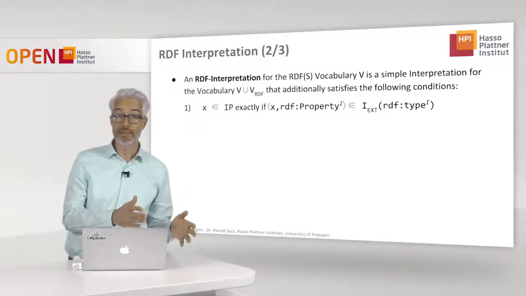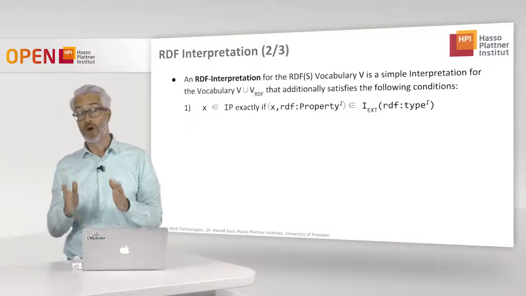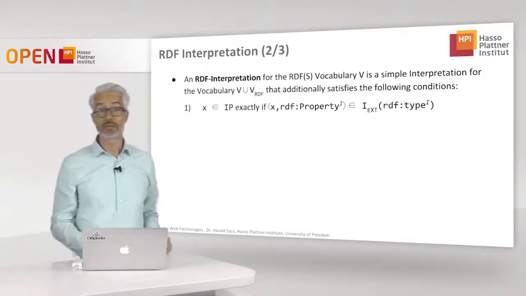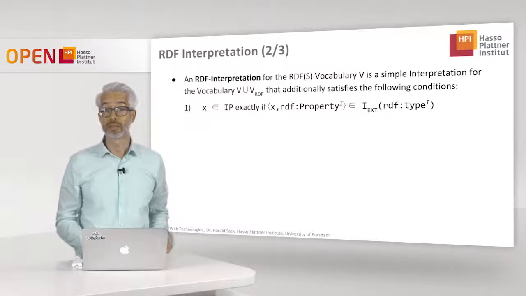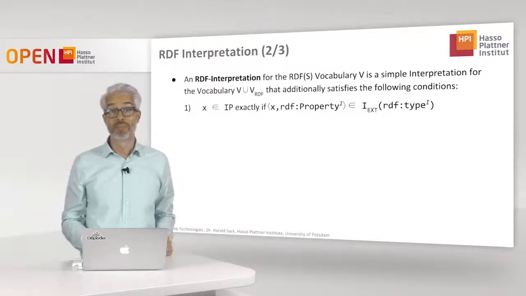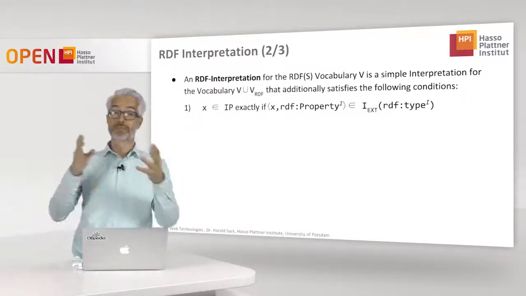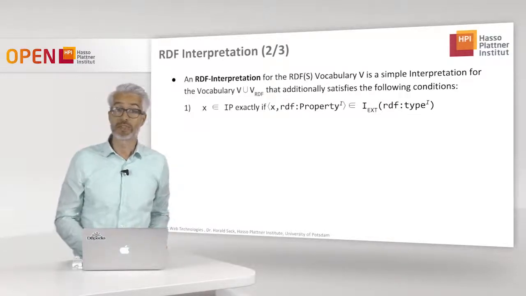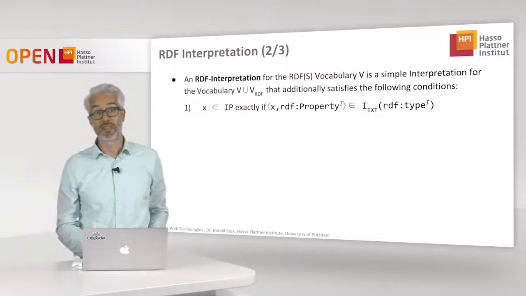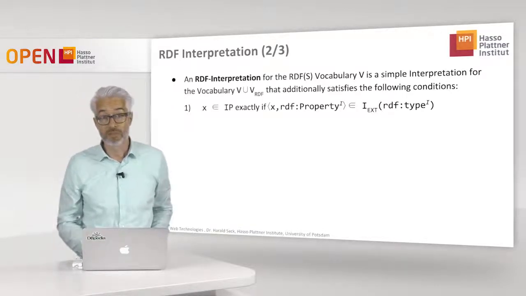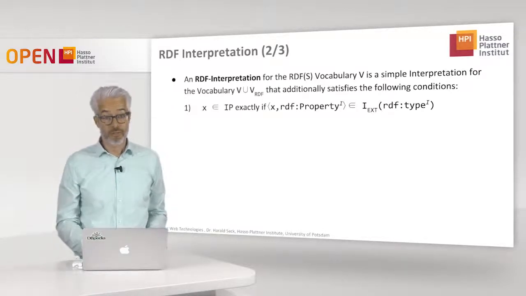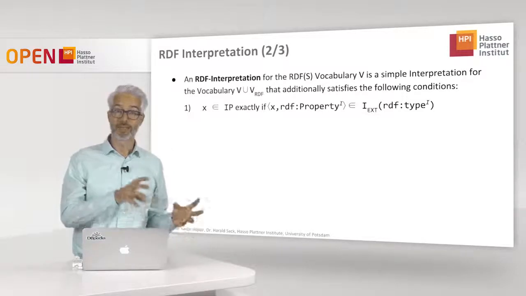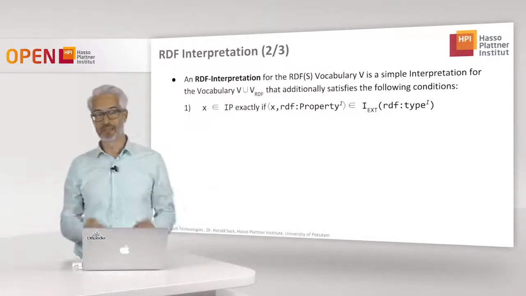So X is in the extension of the property rdf:type, with subject X, property rdf:type, and object rdf:Property. Only then is X also really in the set IP.